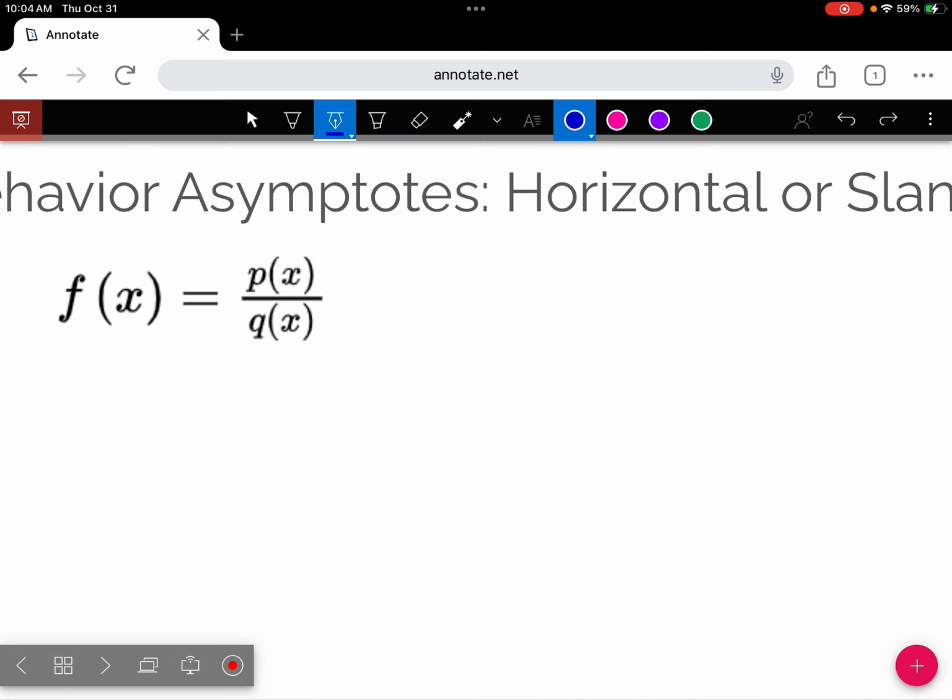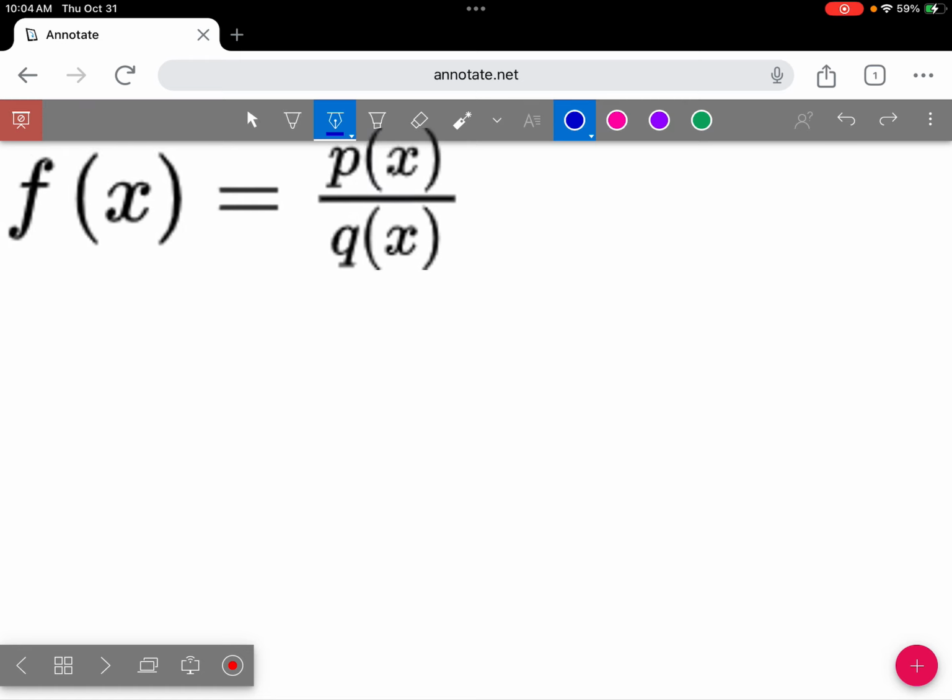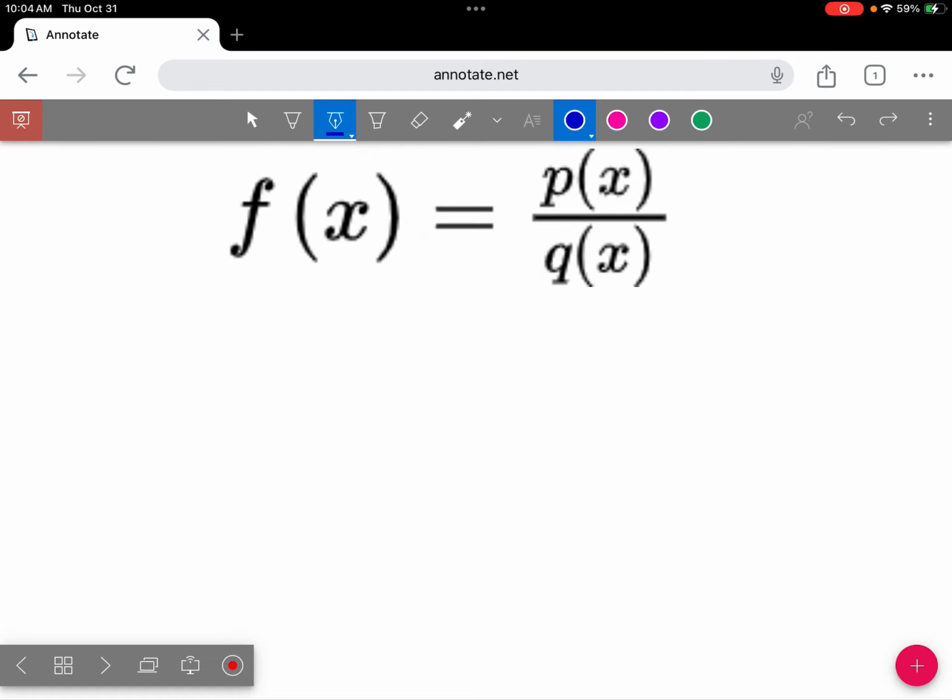So I'm going to give us our list of options here, and then we're going to go practice and identify these pieces. When we have it in our P of X over Q of X form, so it has 2 different functions, we look at our degrees to tell about our asymptotes.